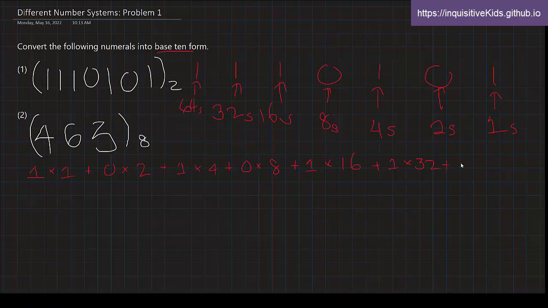And our last one, 1 times 64. Now this is actually its value, and this is going to be converted into base 10. So what's 1 times 1? 1 plus 0 plus 4 plus 0 plus 16 plus 32 plus 64.